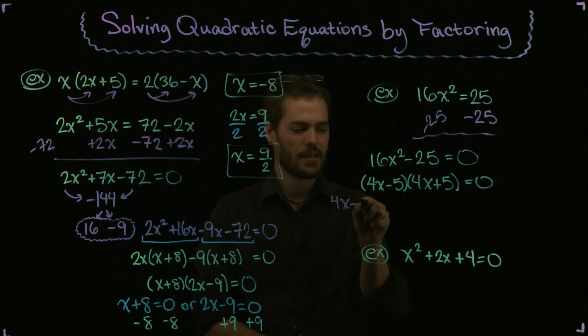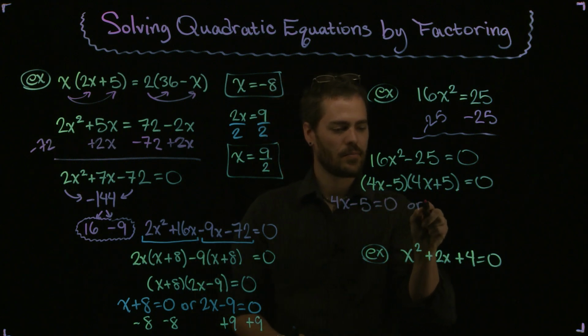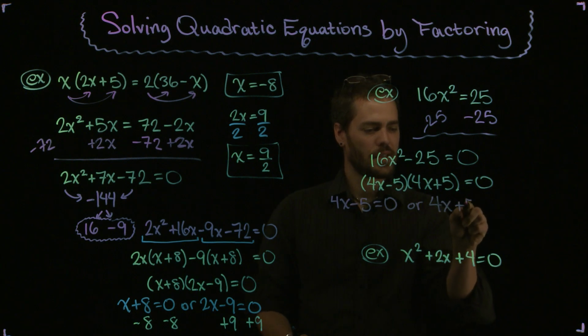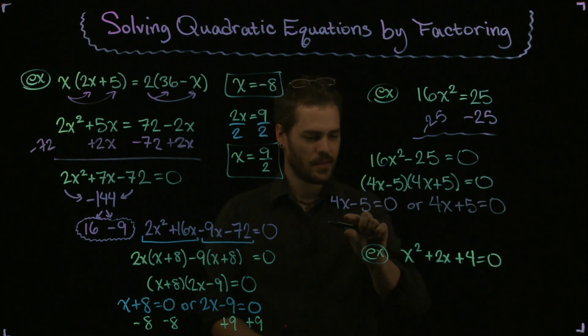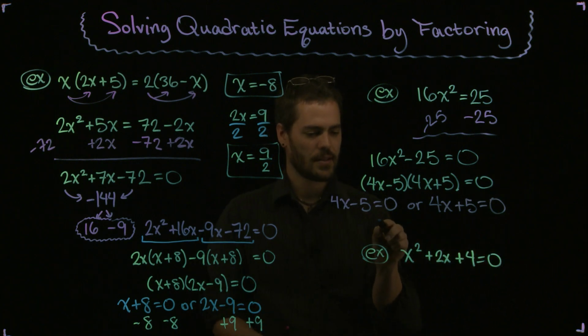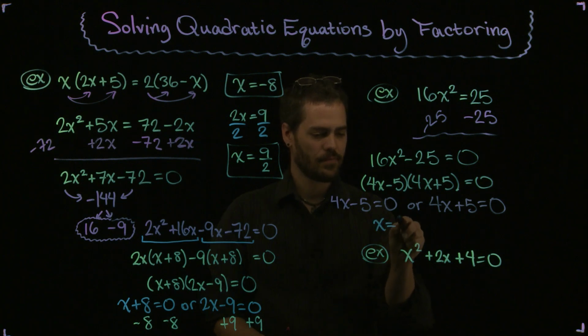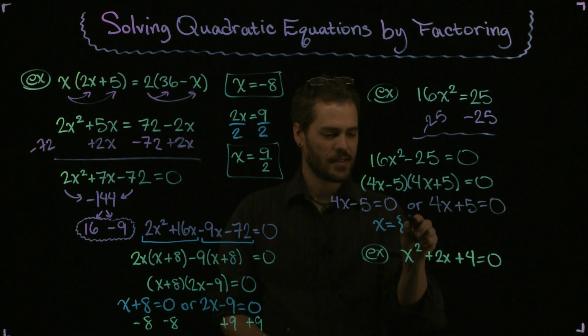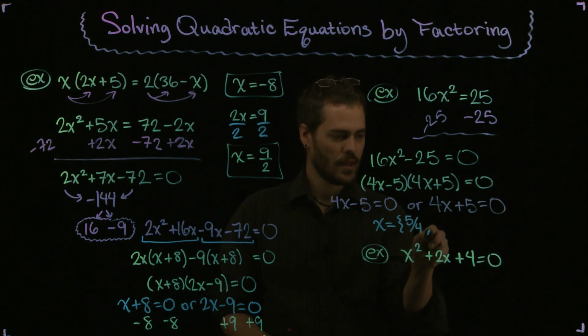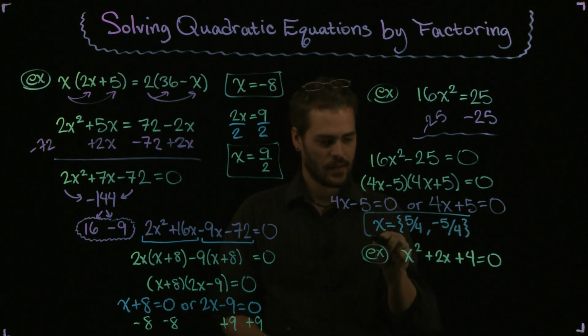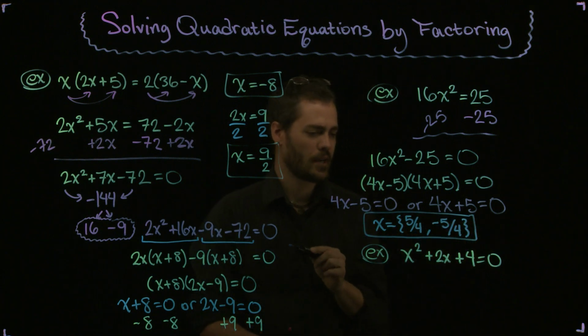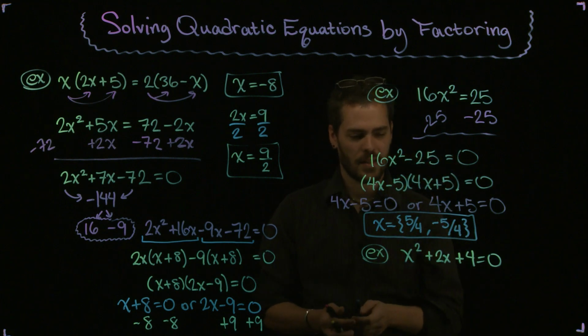So 4x minus 5 equals 0, or 4x plus 5 equals 0. Solve both of those equations, and I'm just going to print the solutions right here in set notation. I'm going to say x is equal to, from this one I get a positive 5/4. From this one I get a negative 5/4. And please take the additional steps to verify that I did it correctly, and that indeed both of these are solutions to the original equation.